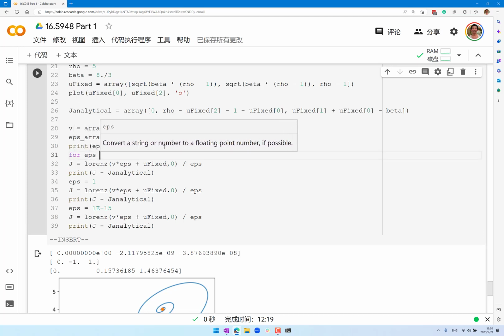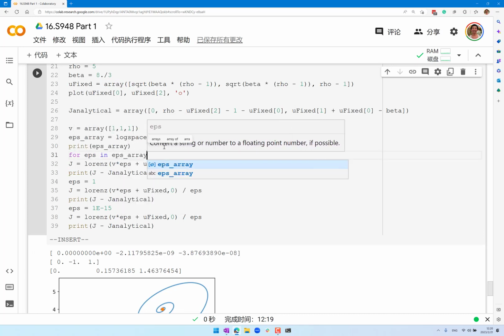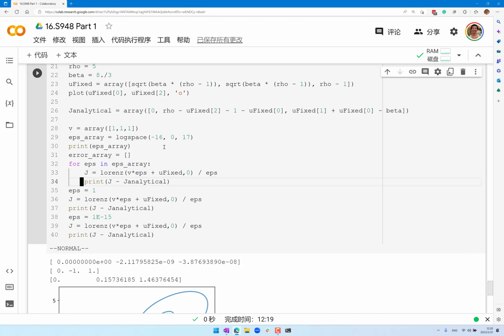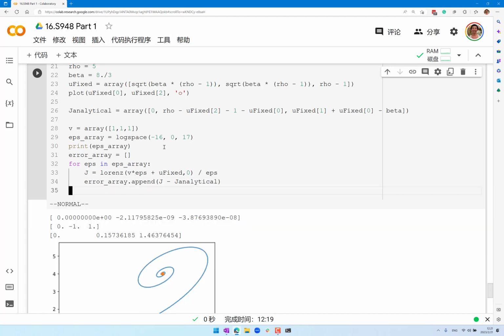Then for epsilon in epsilon array, let's make another array to record the error. We are going to compute j, and instead of printing them, we say error array dot append this number. All right. Okay, and we'll just plot stuff.